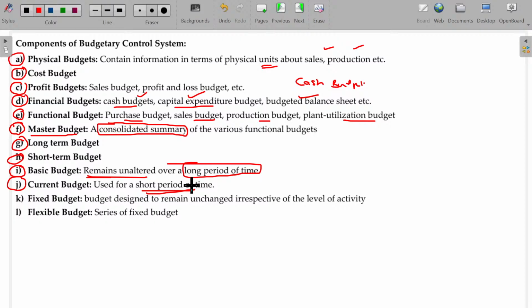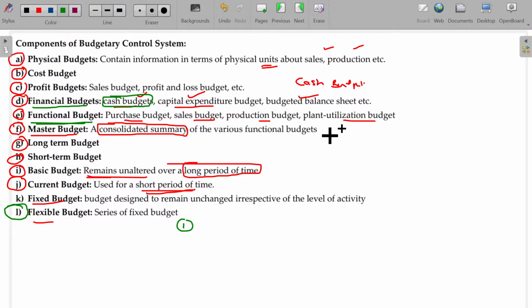So basic budget and current budget. And you have to understand fixed budget as well as flexible budget. For your examination, most of the cases you will end up with the flexible budget. Rarely you will come across with cash budget, and most important being this functional budget.